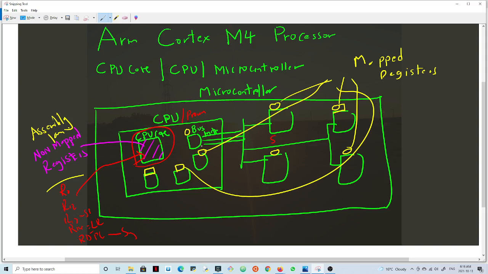You will have variations. In this case, I'm just talking about the ARM Cortex M4 processor. This may be true for M7, right?